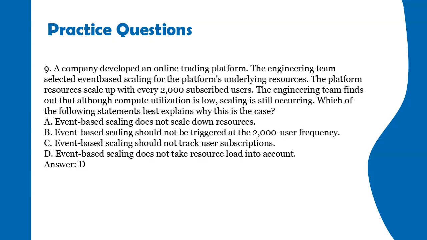A. Event-based scaling does not scale down resources. B. Event-based scaling should not be triggered at the 2,000 user frequency. C. Event-based scaling should not track user subscriptions. D. Event-based scaling does not take resource load into account. Answer: D.